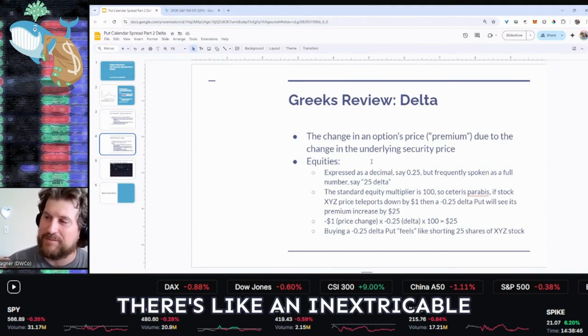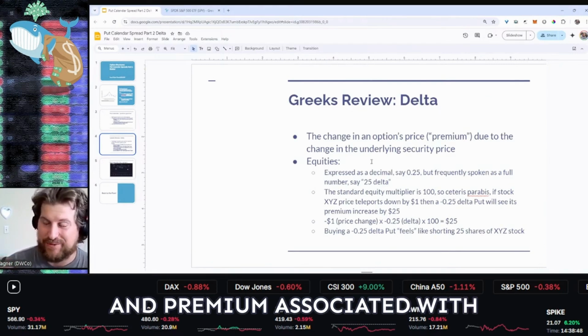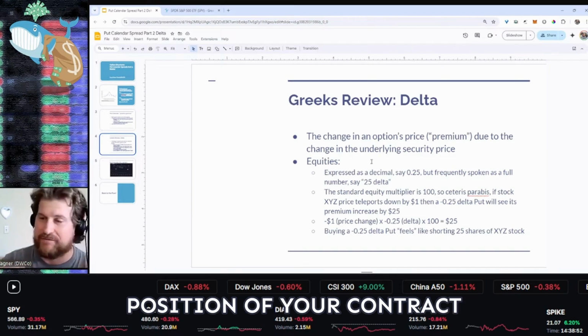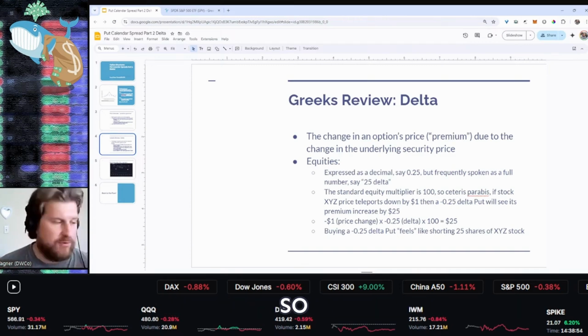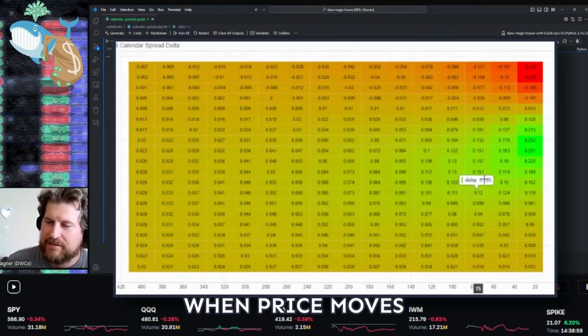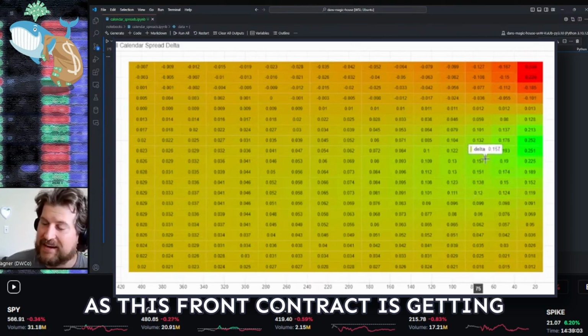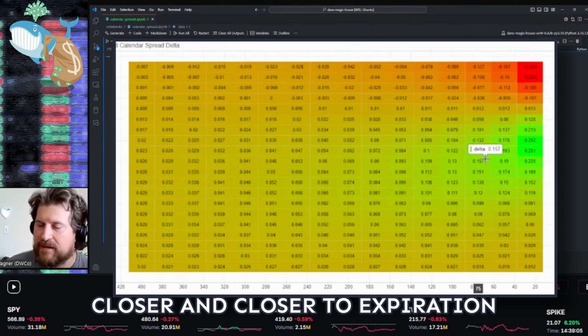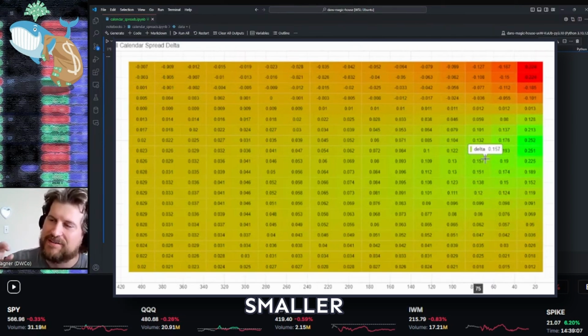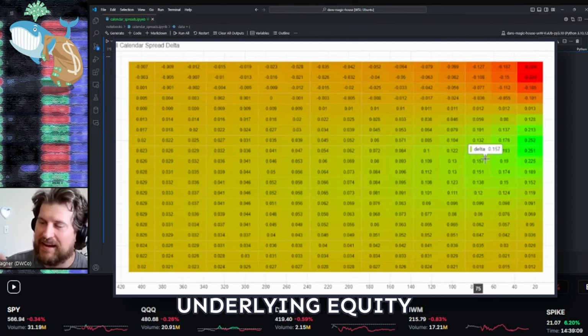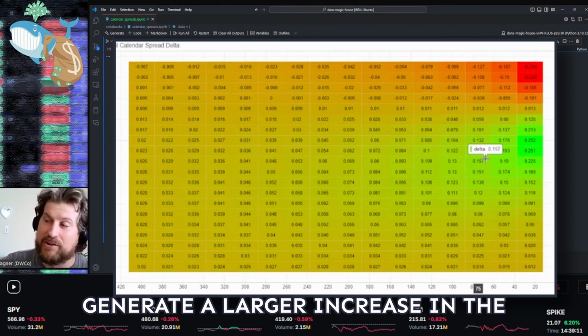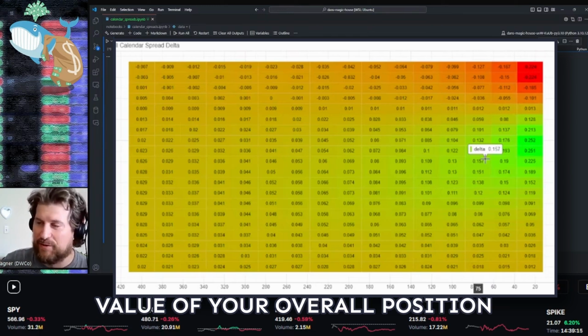There's an inextricable connection between delta and premium associated with the net position of your contract, right? So when price moves in your direction as this front contract is getting closer and closer to expiration, smaller moves in the underlying equity generate a larger increase in the value of your overall position.